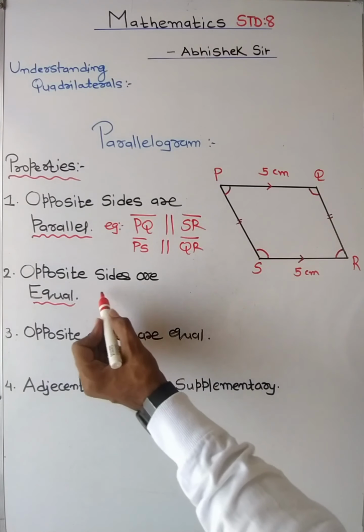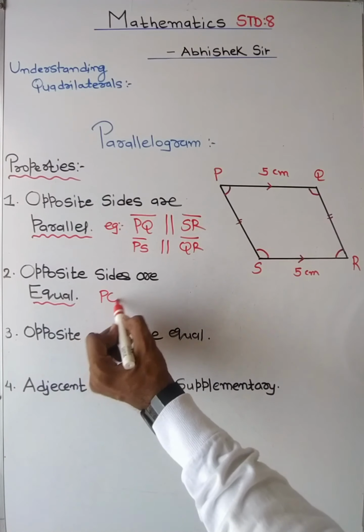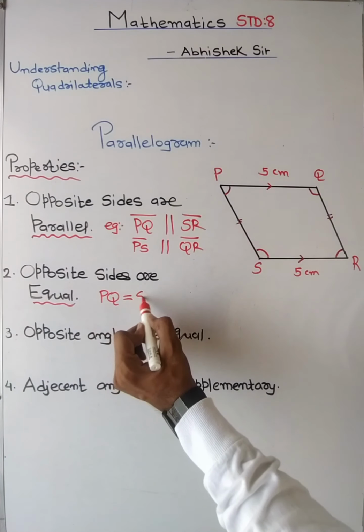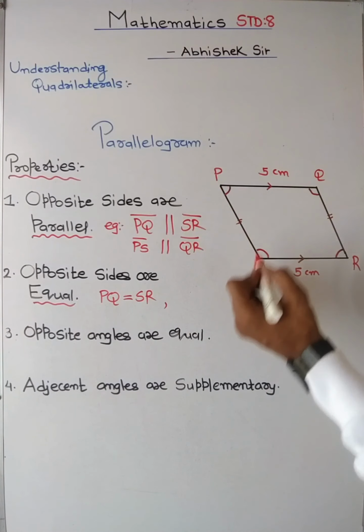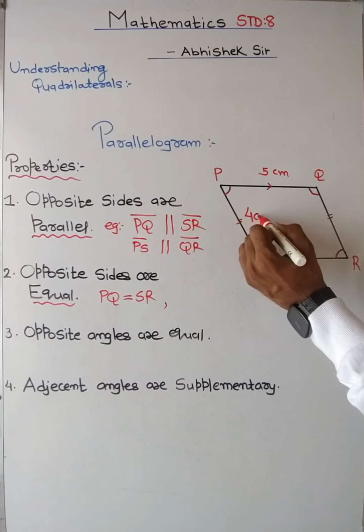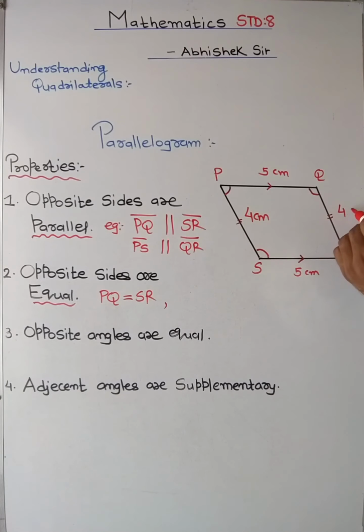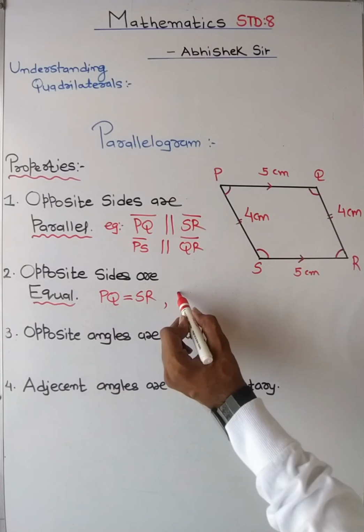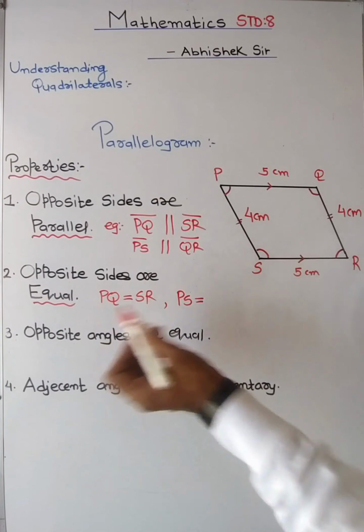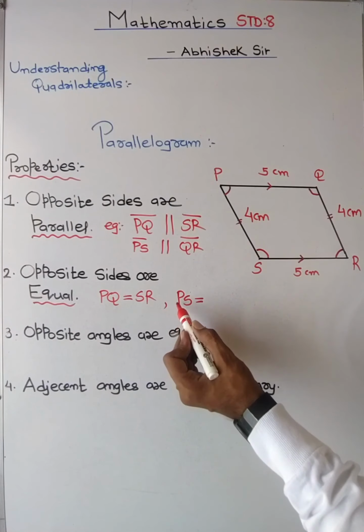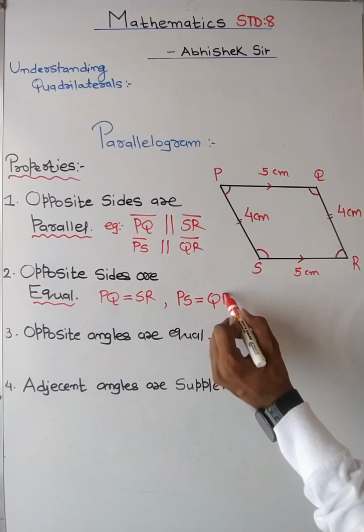The measures of opposite sides will always be equal. Suppose PS is 4 centimeters, then QR will also be 4 centimeters. That means again the measures of opposite sides are equal. That is why I am writing PS equals QR.